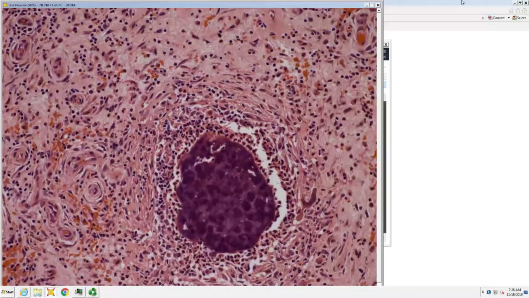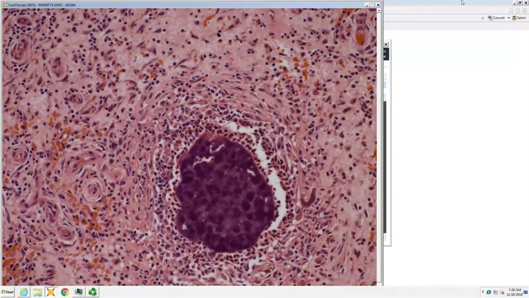Rhinoscleroma, they would be about the size, they would look very much like the globi in leprosy. I'm sorry, that's rhinoscleroma. Sorry about that. Rhinosporidium would be large sporangia, but you would see definite circles in the sporangia.